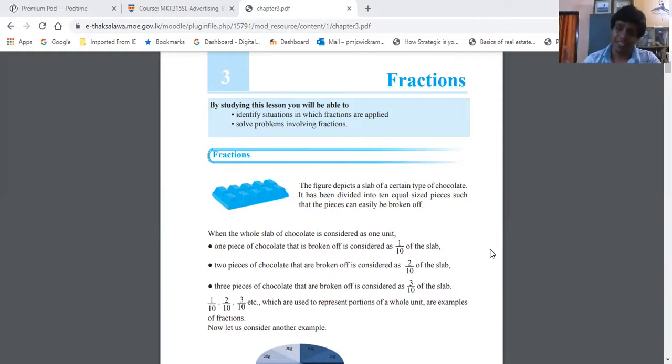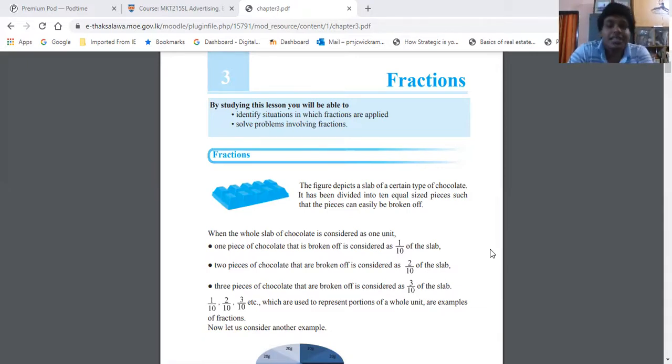Basically there are 10 pieces. The whole chocolate is divided into 10 pieces. So when the whole chocolate is divided into 10 pieces, if you take just two pieces, that means you have 2 over 10. Two out of 10, you have two pieces. So that's why 2/10 of the slab.